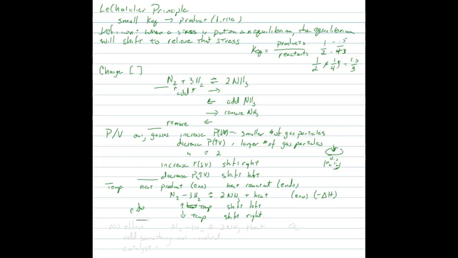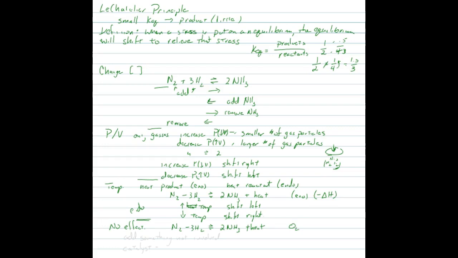There are some things you can do that will have no effect. For the equation that we've been working with, N2 plus 3H2 in equilibrium with 2NH3 plus heat, if I throw in some oxygen, it's not involved.